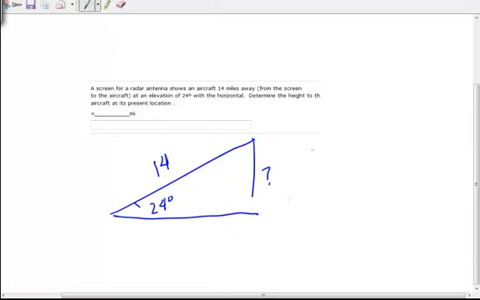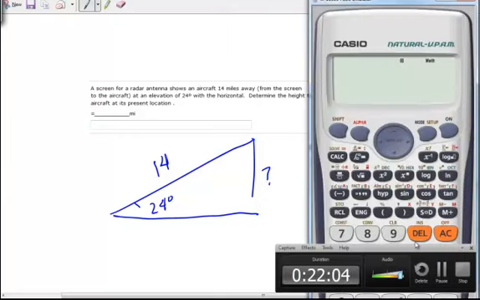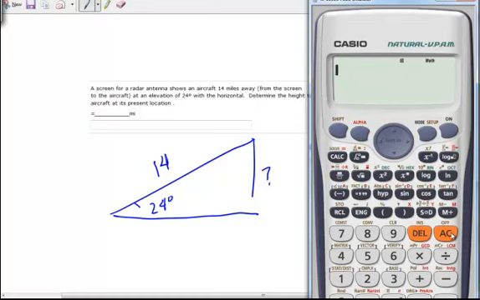So we've got sine of a 24 is the opposite over 14. So to get our answer, we would just multiply the sine of a 24 times 14, and that would be the height.